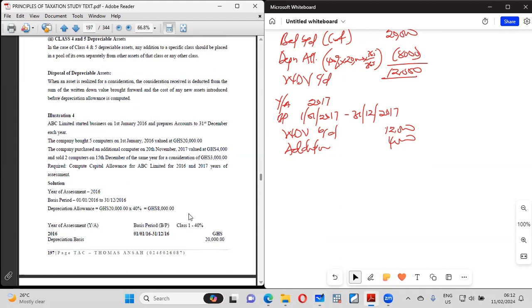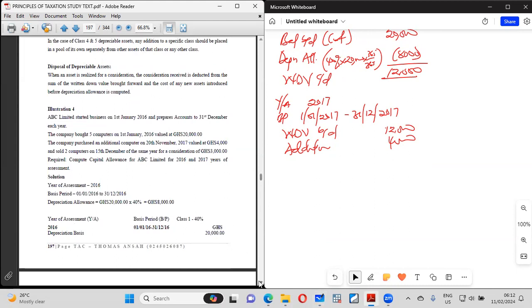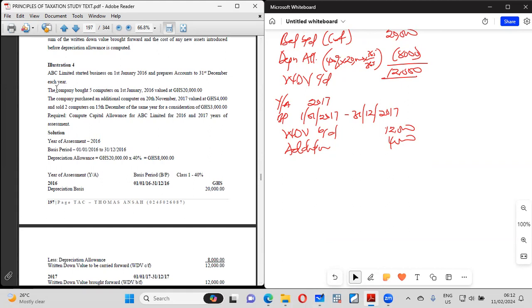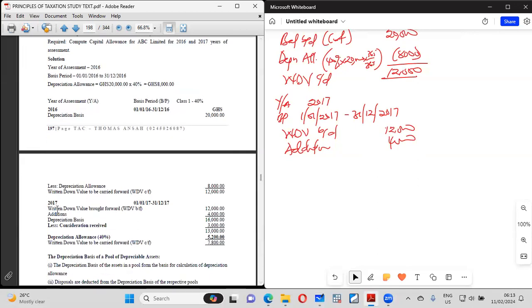Of course, I've said that when there is a disposal, you deduct the disposal. So you see in this example, they bought 20,000. We start with the 20,000. So for this 2016, that was it. Then in 2017, they bought another 4,000. So in 2017, you do your written down value brought forward, then you add the 4,000.